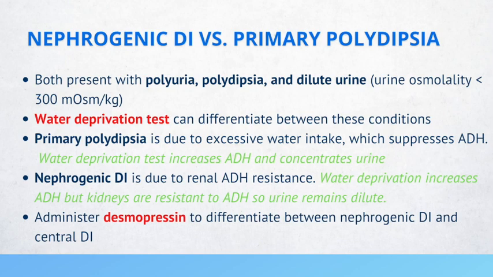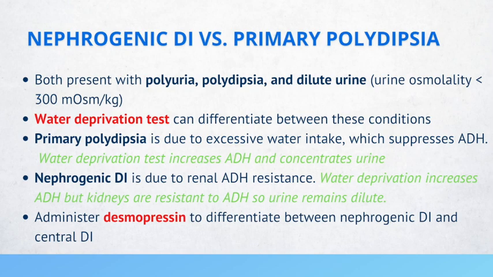Primary polydipsia is due to an excessive water intake, which suppresses ADH. Water deprivation test increases ADH and concentrates urine. So when you think of someone with primary polydipsia, think of someone who is just drinking a ton of water.